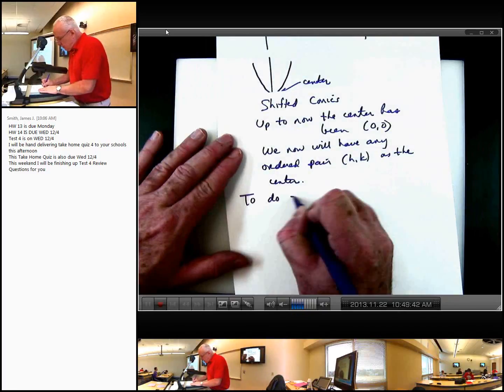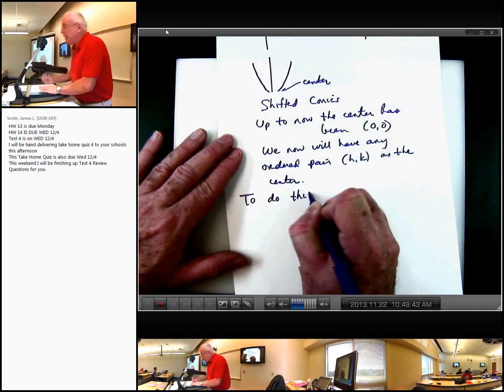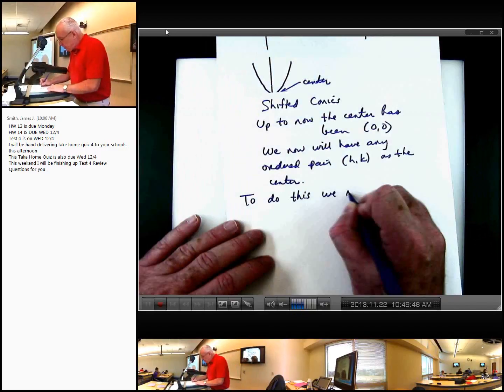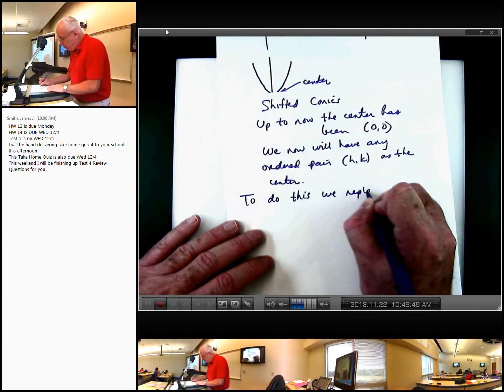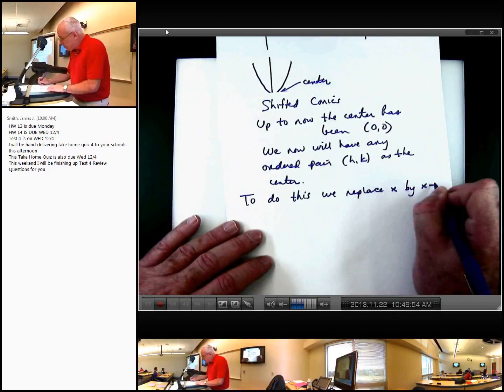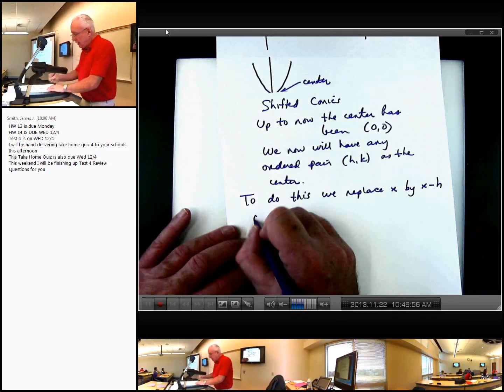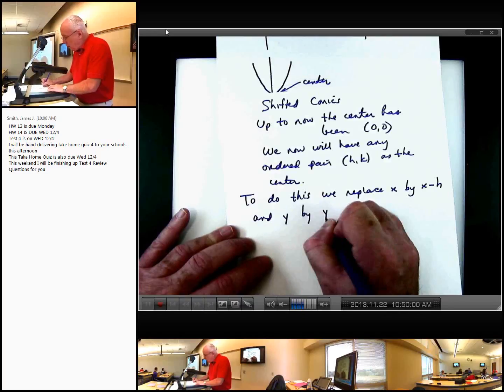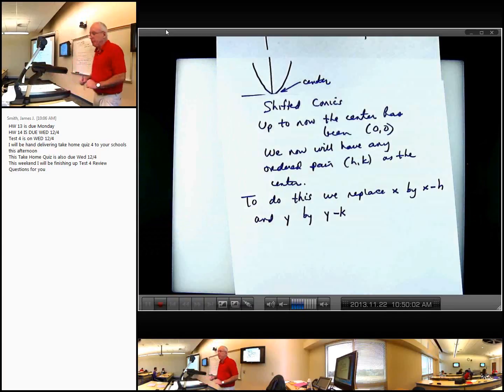To do this, in any of the equations that we have, we replace x by x minus h, and we replace y by y minus k.